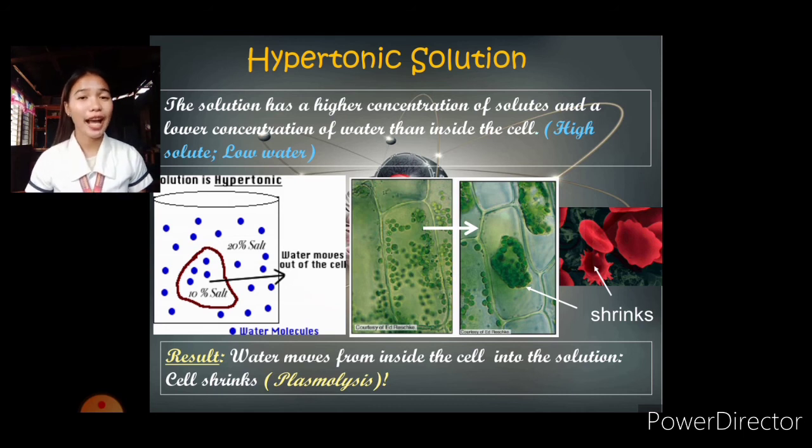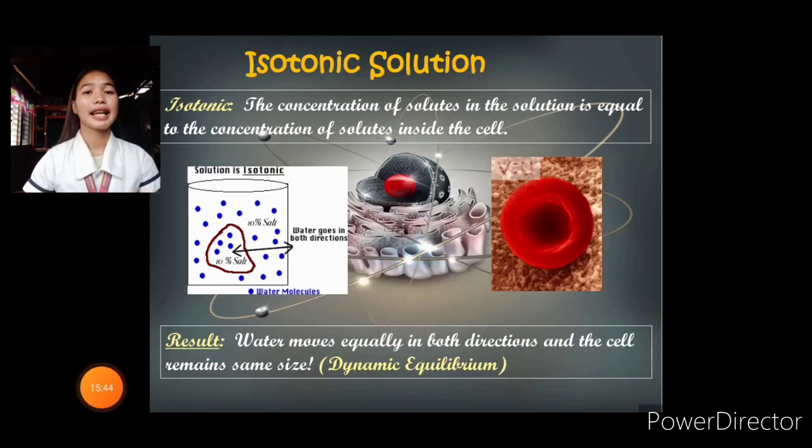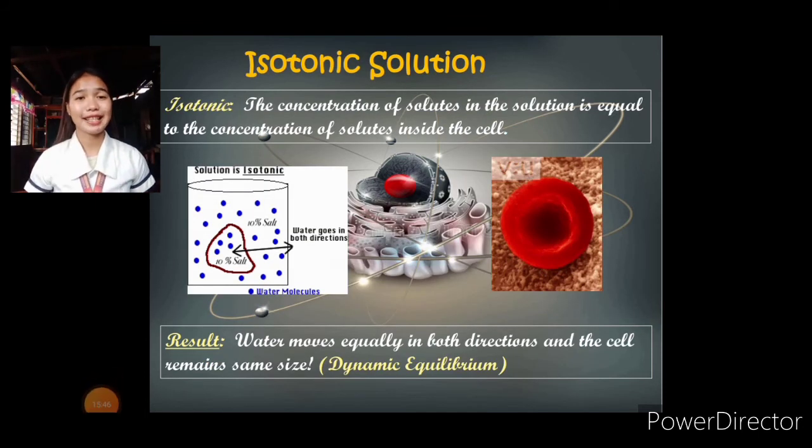Okay, so since you don't have any questions, let's proceed to the last type of tonicity, which is the isotonic. So what is an isotonic? In an isotonic solution, class, the concentration of solutes in the solution is equal to the concentration of solutes inside the cell.